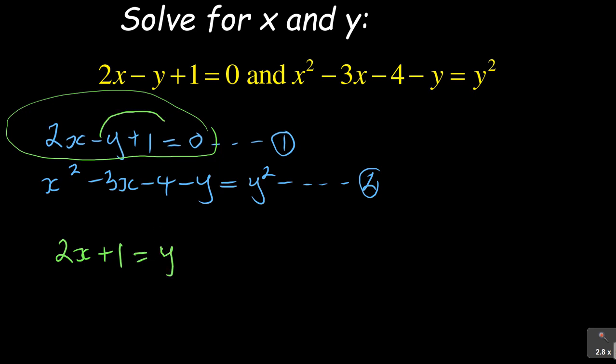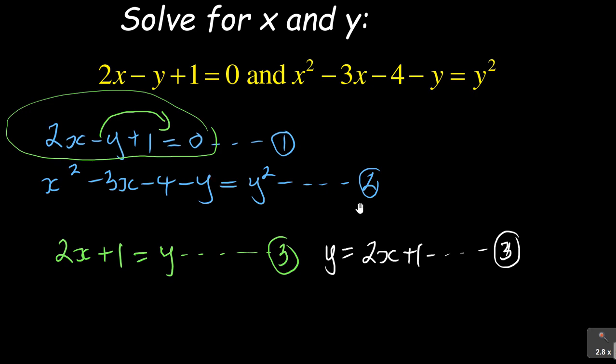So you take y to the other side, and then this becomes equation 3. In actual fact, you can write it as y is equal to 2x plus 1. This is your equation 3.